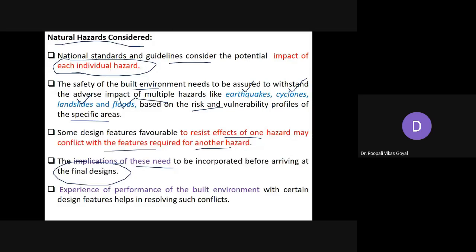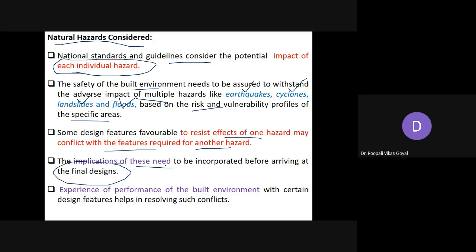It should be earthquake proof as well as flood proof. So based on those implications, you have to arrive at the final design, and you have to go for such kind of construction of your structure so that it can resist all the possible hazards that are prevailing in your area.